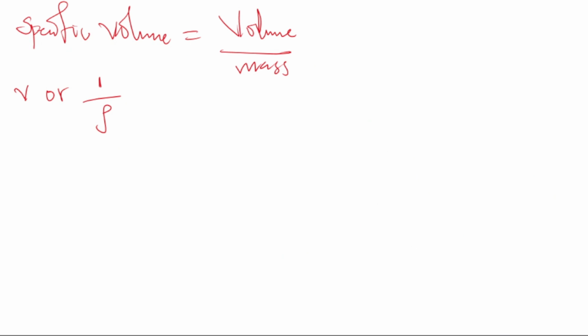So you simply come down and write your specific volume will now be equal to 1 divided by density, which is 747.50, right?